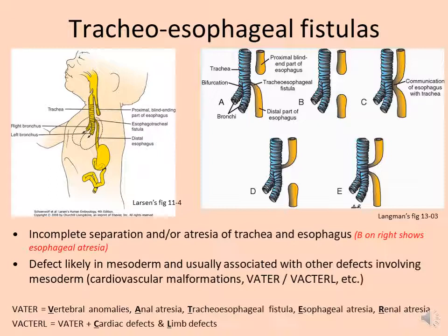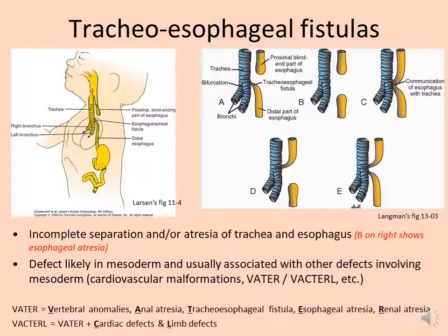This is the most common variety of tracheoesophageal fistula which is observed clinically, and it is present in about 85% of subjects. In image B, we can see that the esophagus is not communicating with the trachea at all, and both the proximal as well as the distal parts of esophagus are ending blindly.